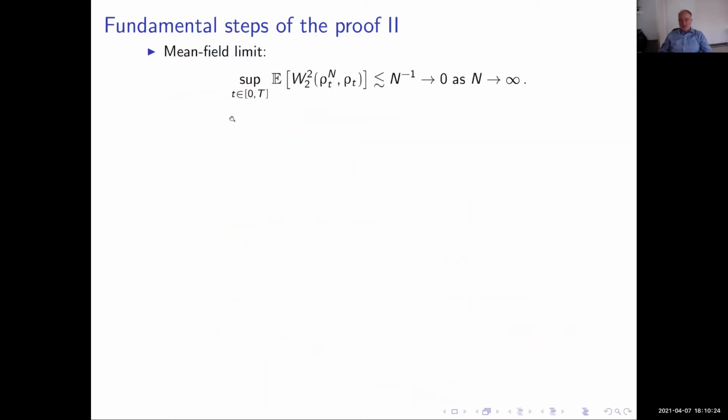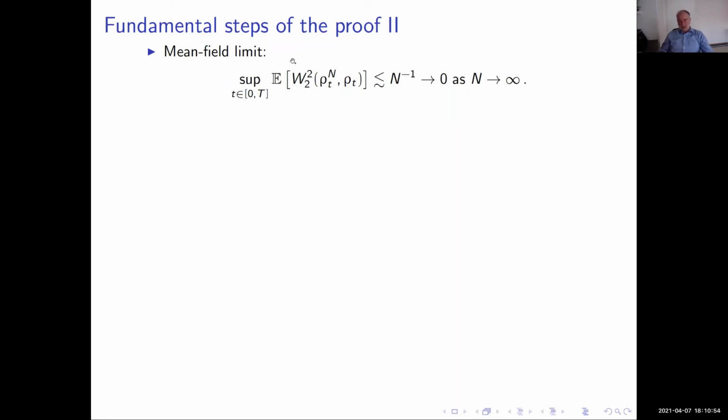The way we do it is by proving that a certain distance between these two measures converges in expected value with respect to this empirical measure, with rate n to the -1 as the number of particles goes to infinity.